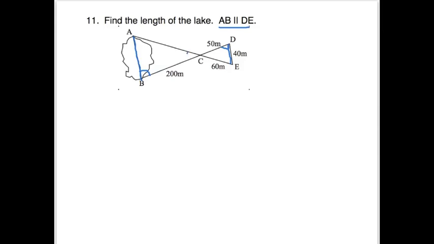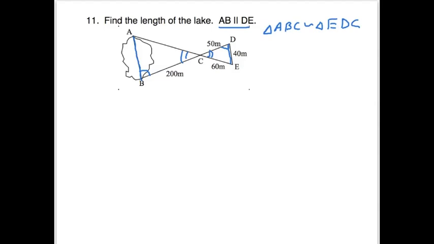If you also consider the vertical angles created by point C, I know that these two triangles are similar by AA. And in particular, let's name the triangles. So triangle ABC would be similar to triangle EDC.